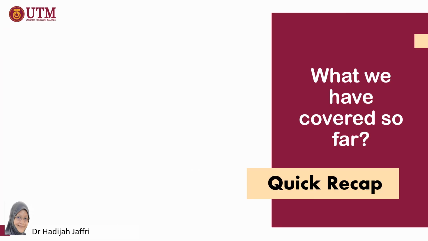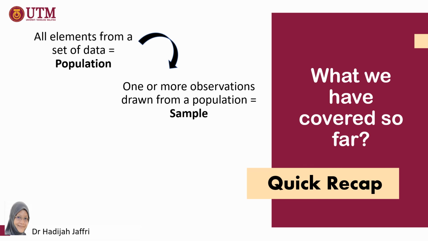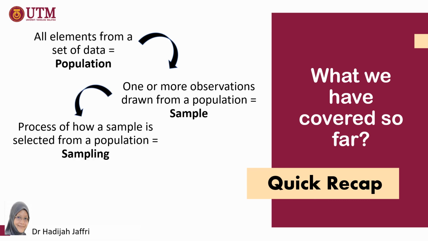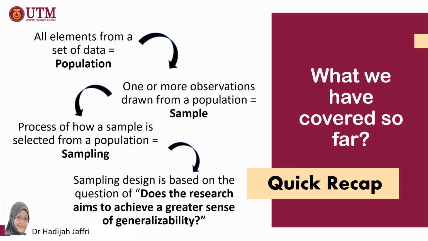Before we end our video, part 1, let's have a quick recap on the things that we have covered so far. All elements from a set of data is known as population. And when one or more observations are drawn from a population, it is known as sample. Sampling refers to the process of how a sample is selected from a population. And when choosing sampling design, it is basically based on the question of whether the research aims to achieve a greater sense of generalizability.